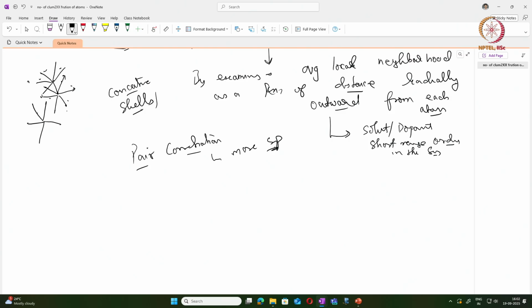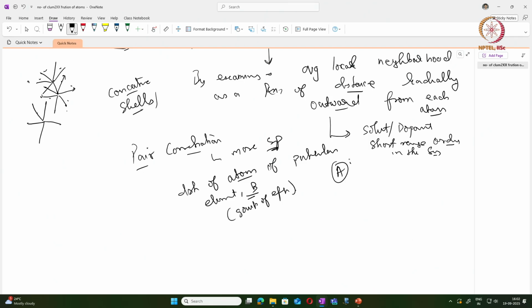It characterizes the distribution of atoms of a particular element, say B, or a group of elements B and C, in the vicinity of atoms of a different element, say A. This is given by 1 by rho_B, a similar formula, N_AB divided by 4 by 3 pi, the same term which is the volume of that particular shell.